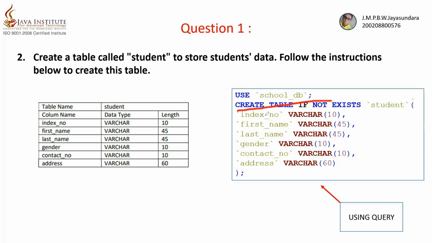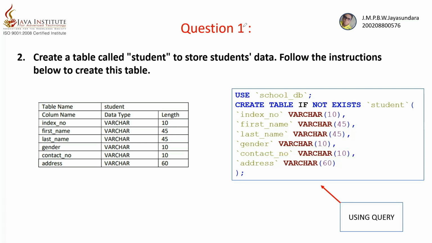After this, we have given our column names and data types. Our first column is index number and the data type is varchar, and here we have given the length of our column. After that, our second column name and data type, third column name and data type, fourth, fifth, and sixth column names and data types.